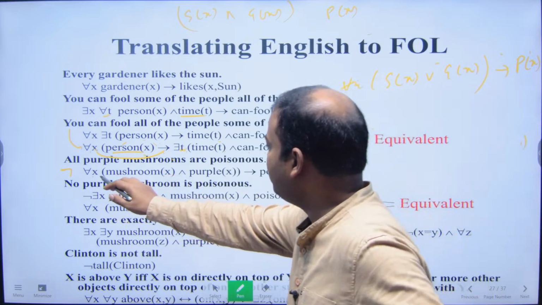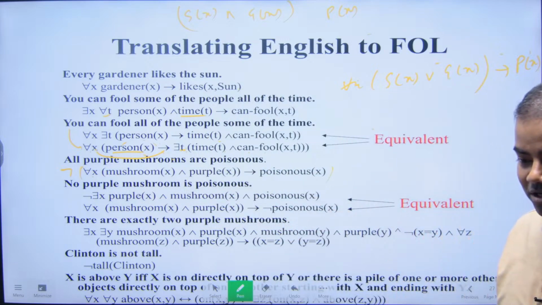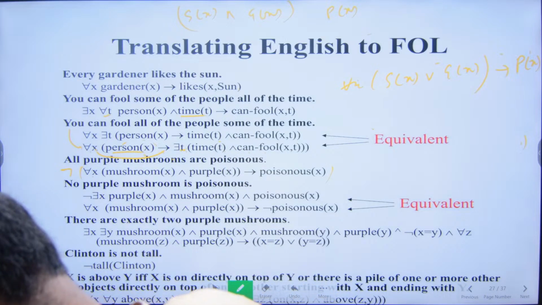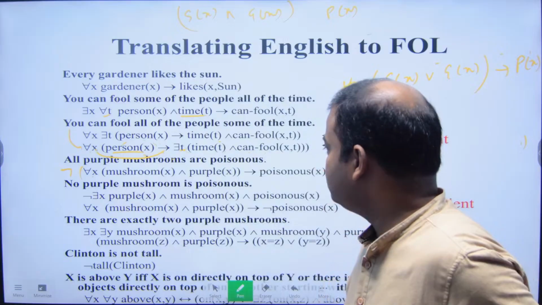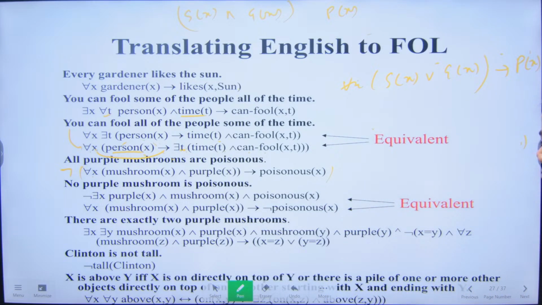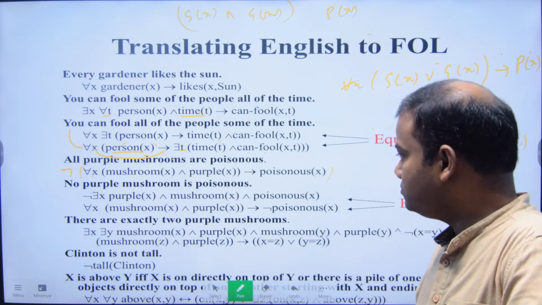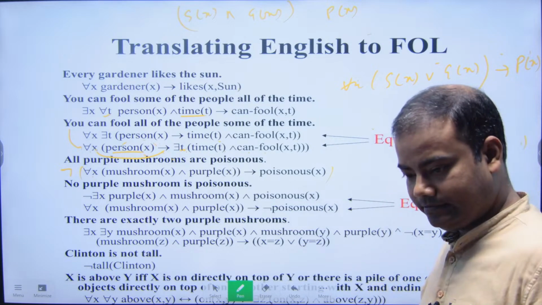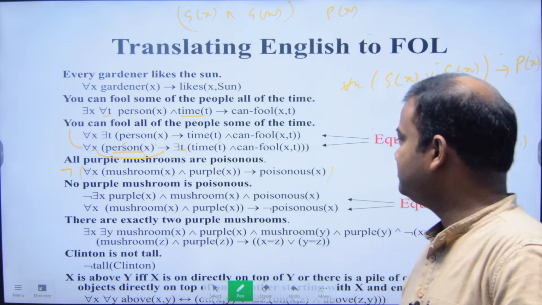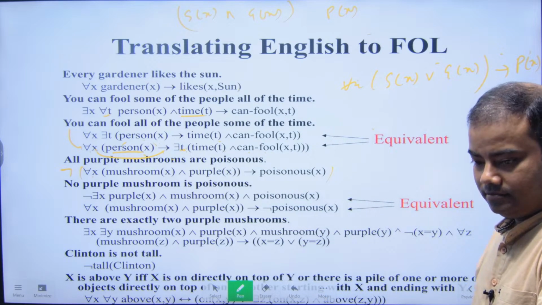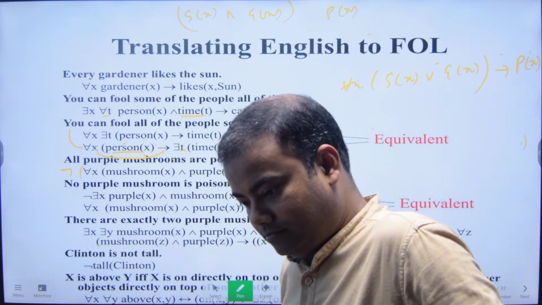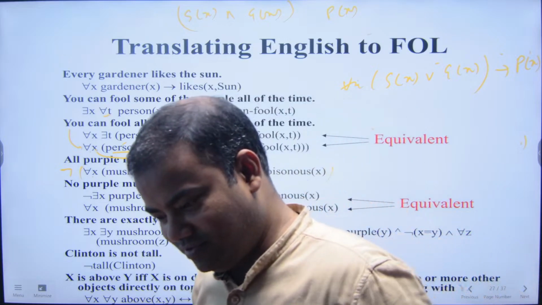Now do the negation of this sentence yourself. Now I think you can do it.